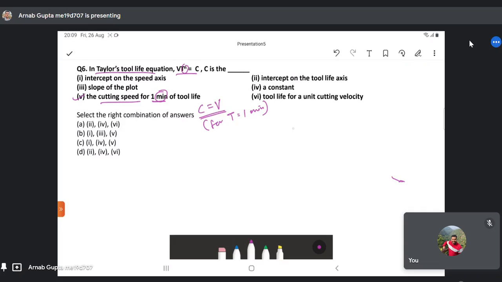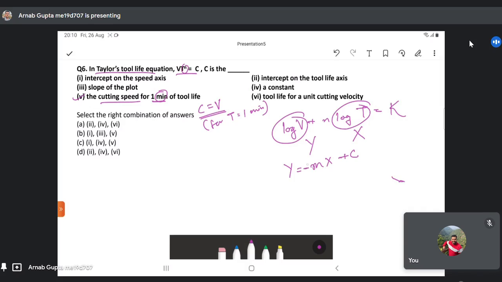You can also say, if you take a logarithmic plot of this, log v plus n log t is log c, which you can consider as another constant k. This is your x, this is your y, so it is y equal to mx plus c.